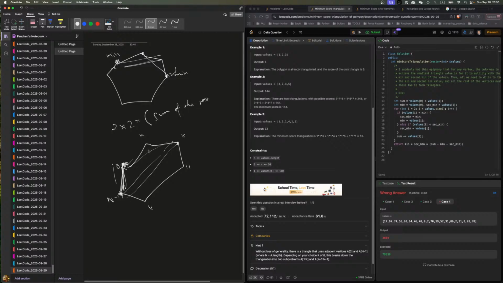So it becomes from 1 to K, or K plus 1. Actually, I won't say K plus 1. It's 0 to K and then K to n minus 1. So it's this subproblem and then this subproblem.